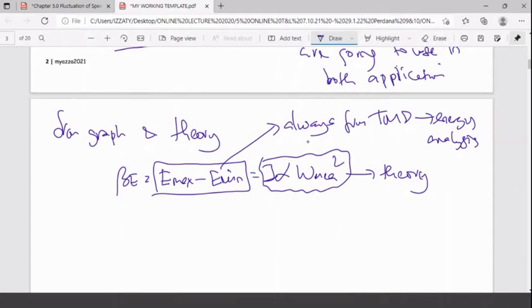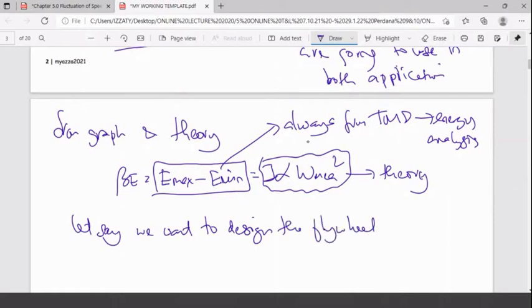Okay. Of course, yeah, you can manipulate the equation in such a way that you want to look for some other parameter. For example, let's say we want to design the flywheel.